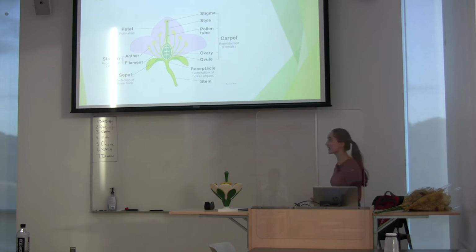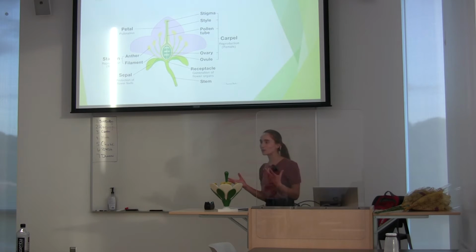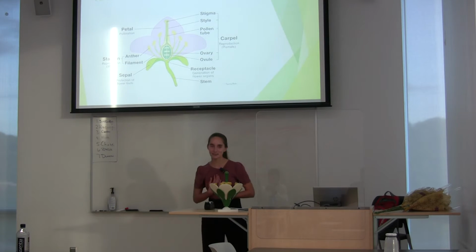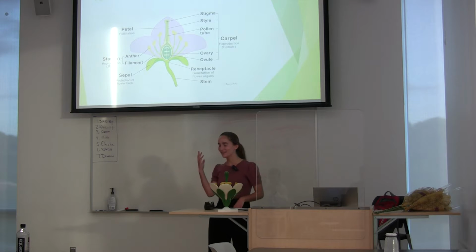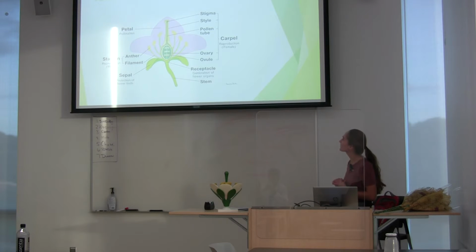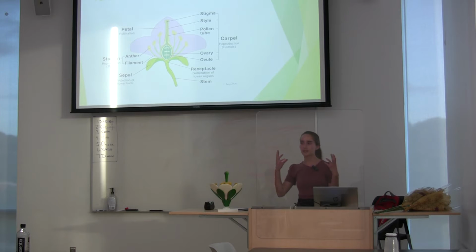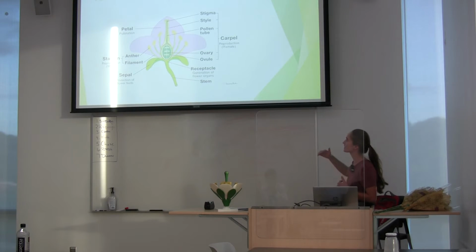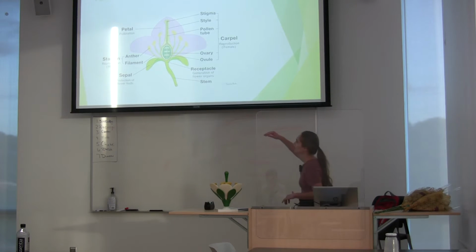All right, so we're going to look at flowers, the beautiful parts of plants. I think all parts of plants are beautiful, but most people think of the flower as the most beautiful part. There are the petals, which people think of immediately, but outside there are the sepals.